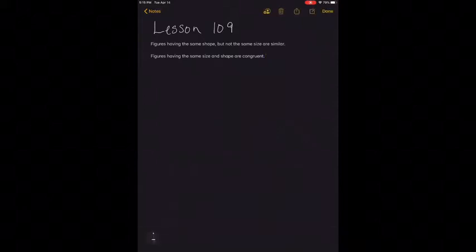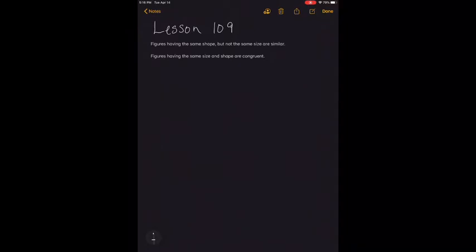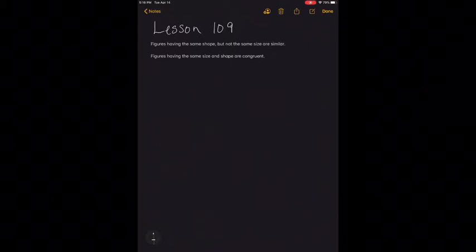Okay, it's important to understand the difference because of the questions that will be coming up. So if you look at the practice problems, A says these triangles are congruent. What is the perimeter of each? I'm going to have you guys solve that, but it has all the information you need.